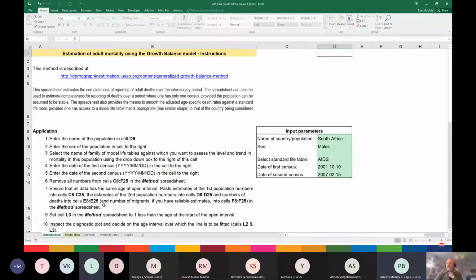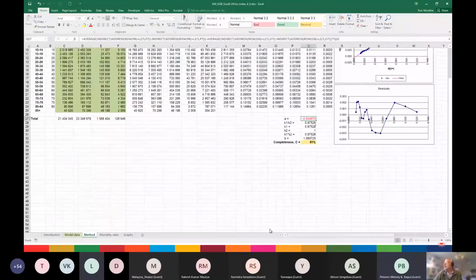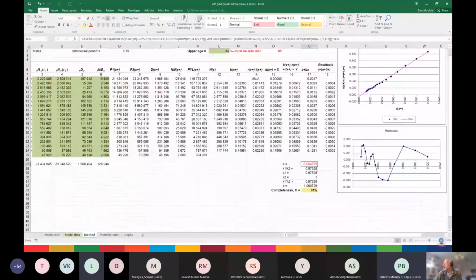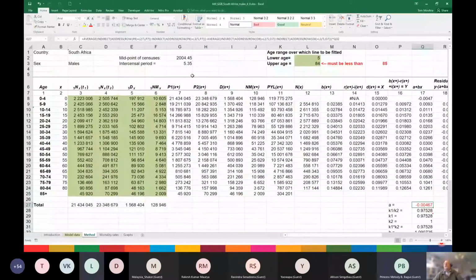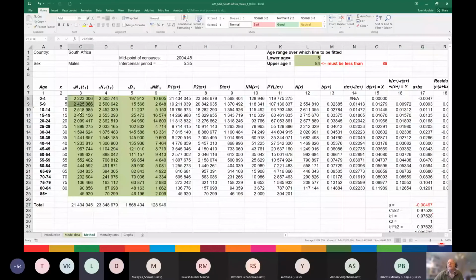And without going into any explanation of how the method works, if we go to the method sheet and look at what we need to put as the inputs over here, what we need are, from our first census, our estimate of the population of males by age group, 0 to 4, 5 to 9, up to 85 and older.